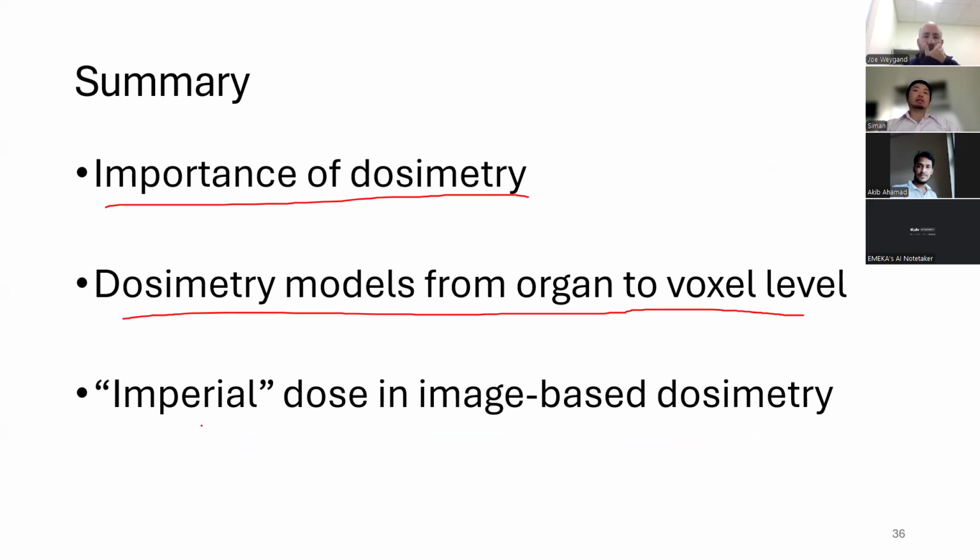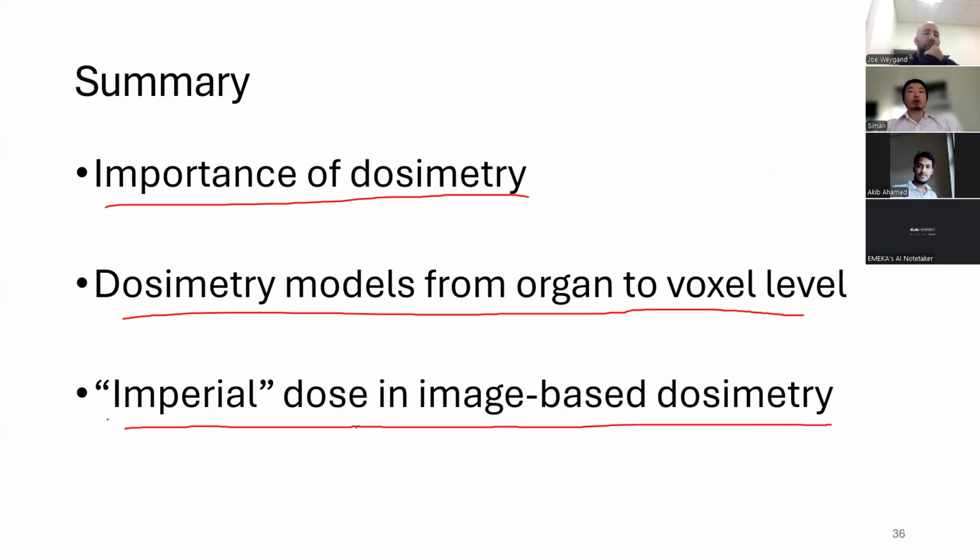The last thing we discussed is the term that I coined, imperial dose, in image-based dosimetry, meaning that the way you do it will change the measurement. Site A does it, site B does it, and it's a totally different number.